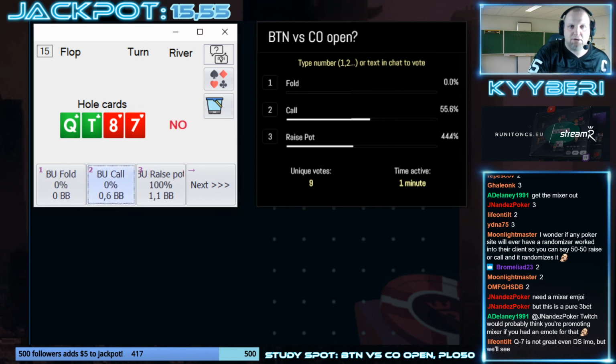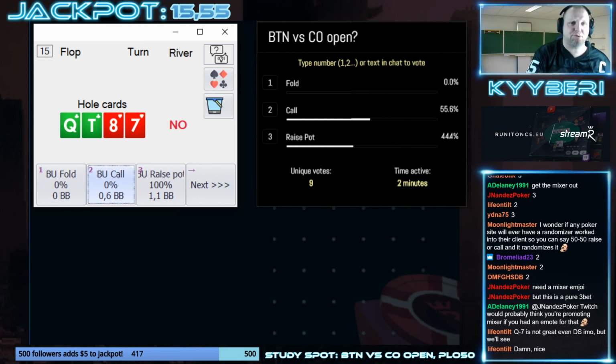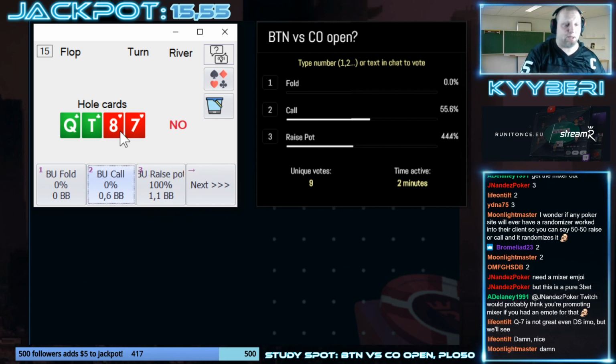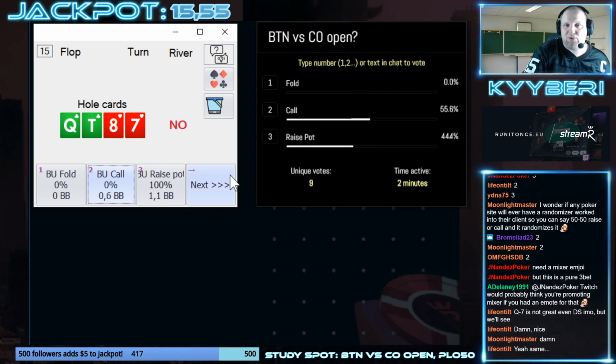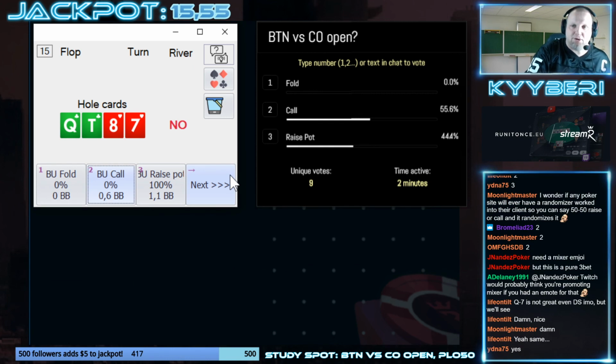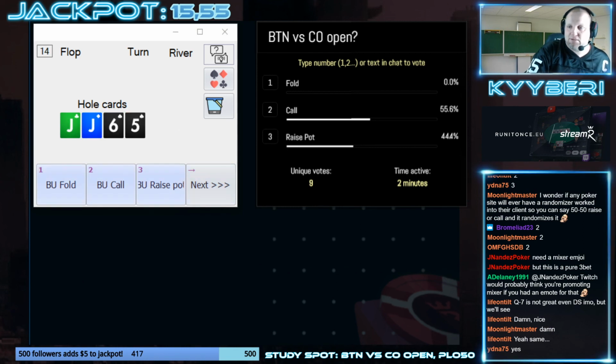I would just call. Oh, not even close. Not even close. Personally, I hate to 3-bet these hands because then you often get those mediocre hits. Of course, you can hit the board in so many ways. But when the money goes in, you're often being dominated with the flush draws, and the opponent has higher equity than you expect.